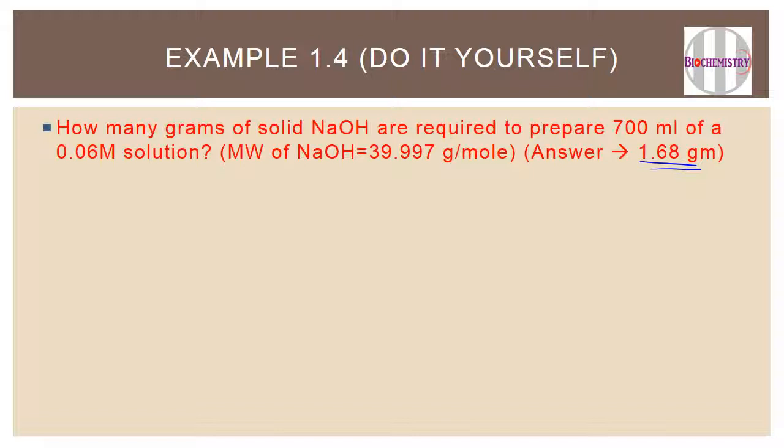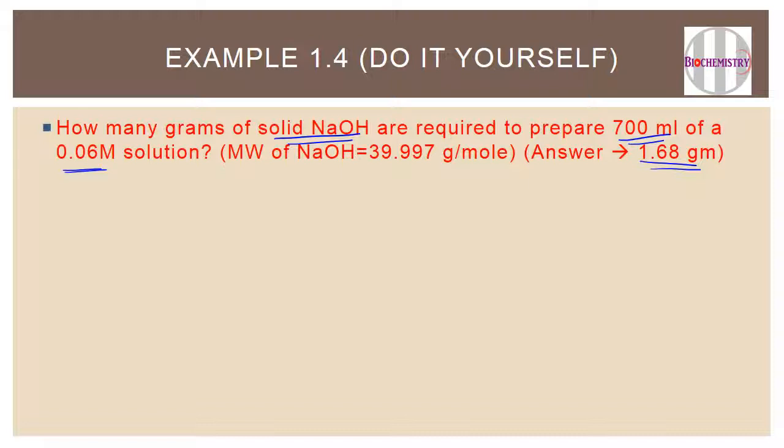How many grams of solid NaOH are required to prepare 700 ml of 0.06 molar solution? Now see, this is reversed. Suppose in some lab work you are supposed to prepare 700 ml of 0.06 molar solution. So how will you prepare it? How many grams of solid NaOH are required?